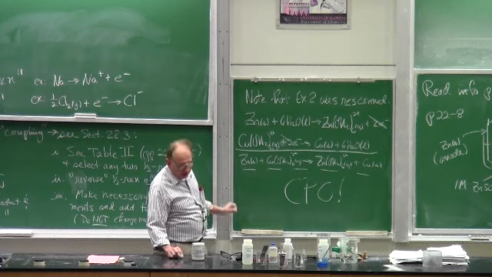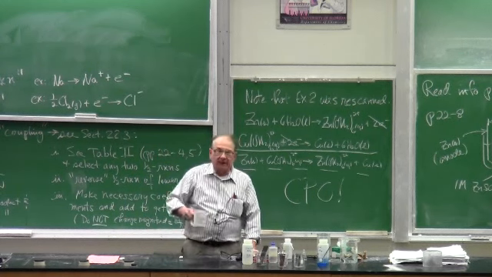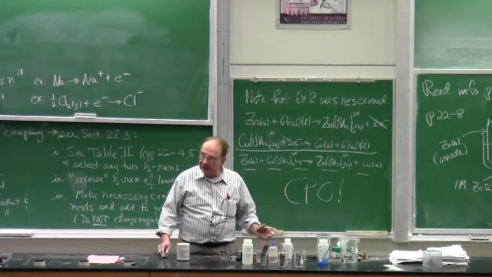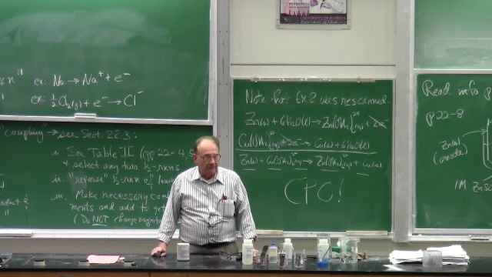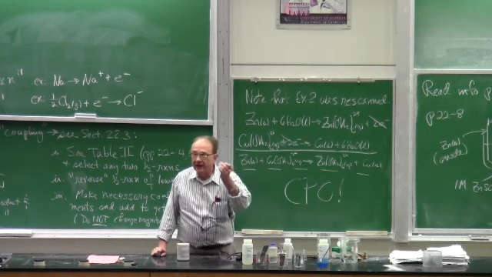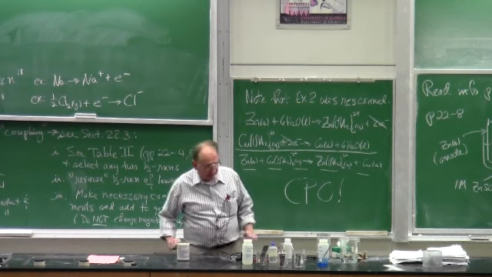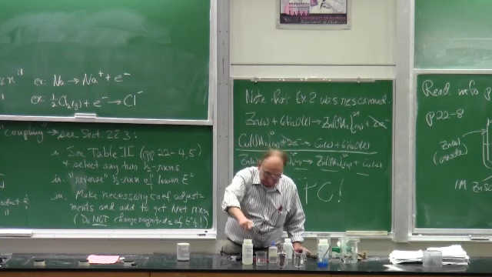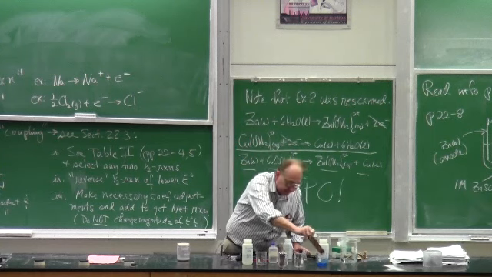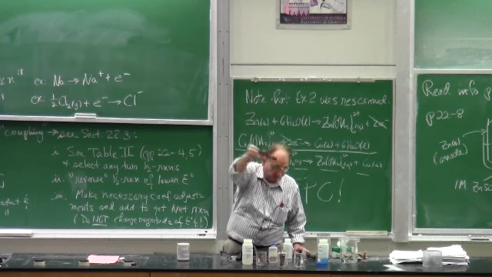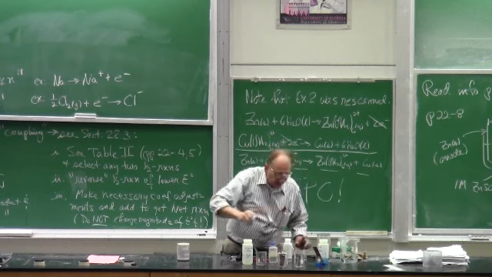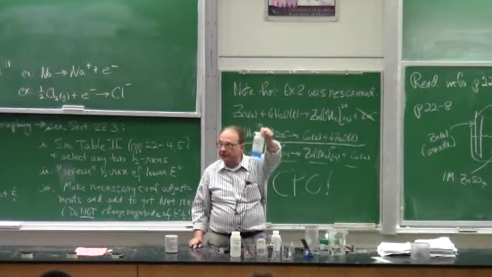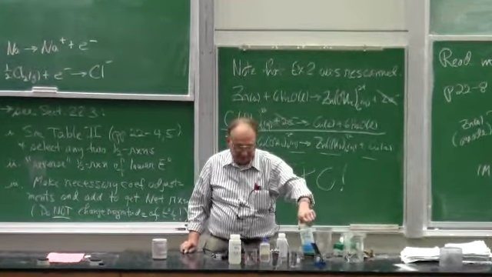Now perhaps you recall in 2045L, we had to do this kind of stuff. If I have a sample of zinc metal and a sample of copper metal, and a solution containing hydrated copper ion, I ran out of 1 molar, so here's half molar copper sulfate solution.